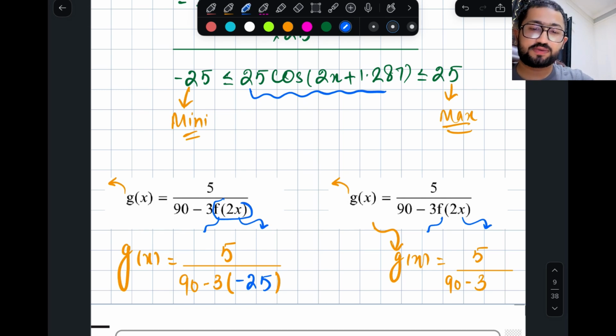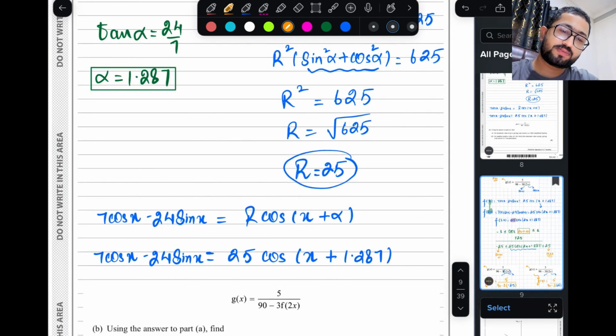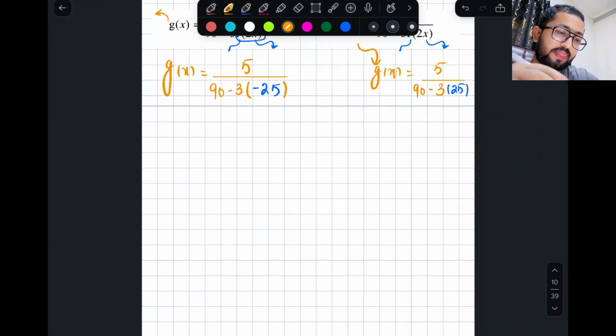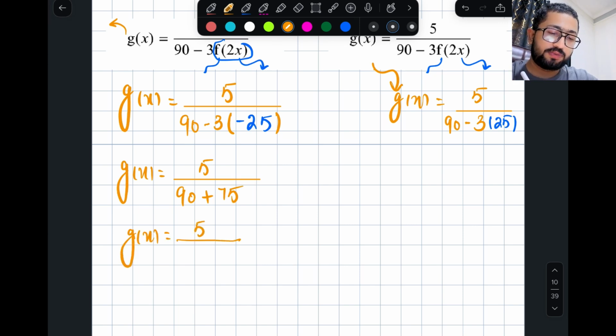3 times 25. So it will be equal to 90 plus 75, it will give you the minimum value 5 over 165.